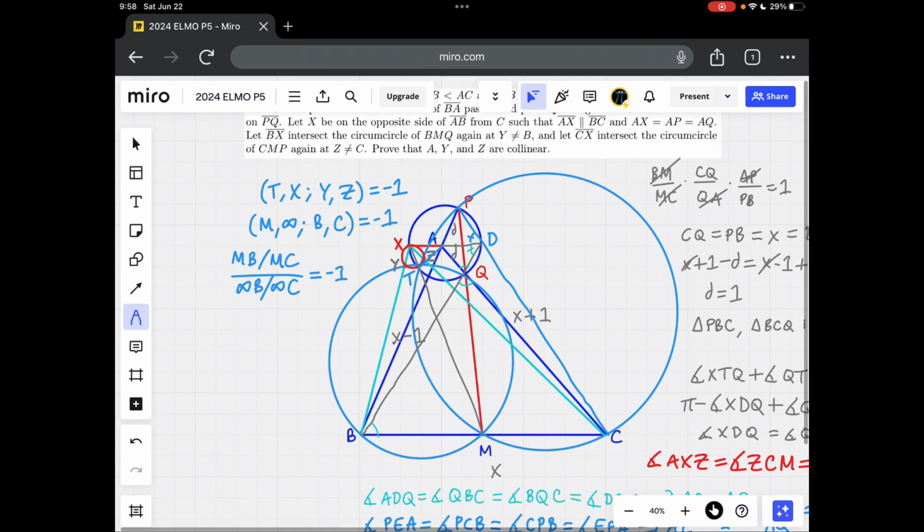So it's basically 1. So we can ignore this. And MB over MC by directed lengths equals -1. But that's obvious because M is the midpoint of BC. MB is the same length as MC, but in the opposite direction. So we have proven this. We can now say that we've proved A, Y, and Z are collinear as the problem asked us to prove.